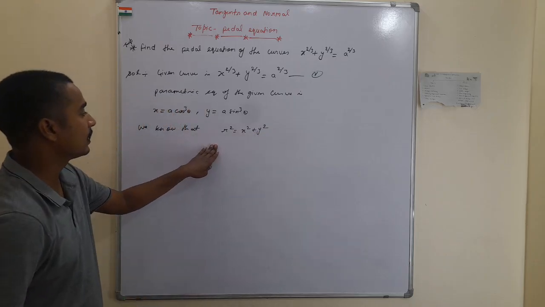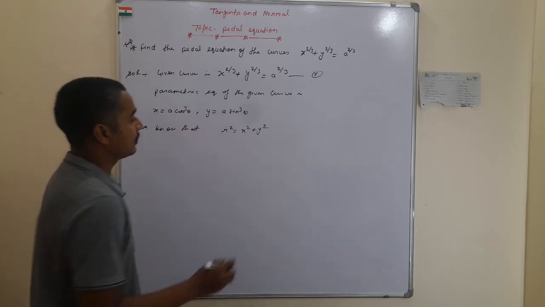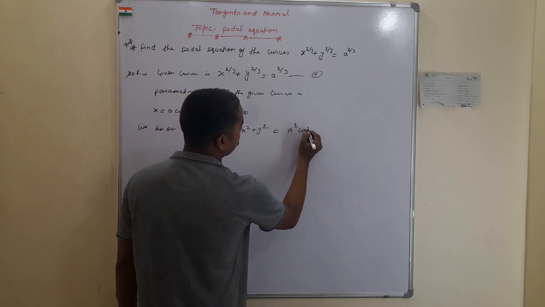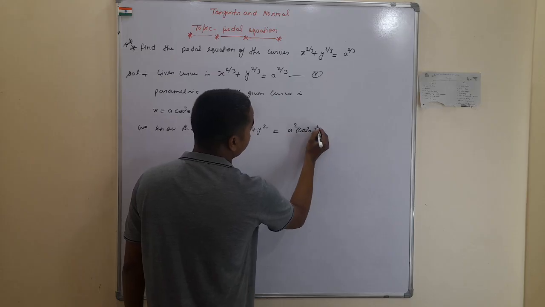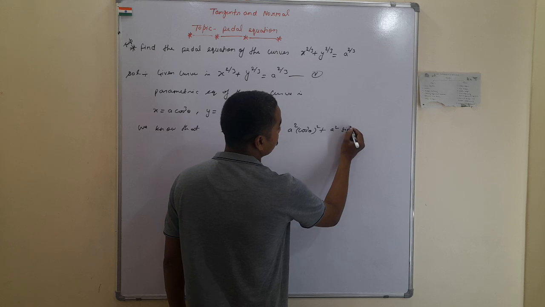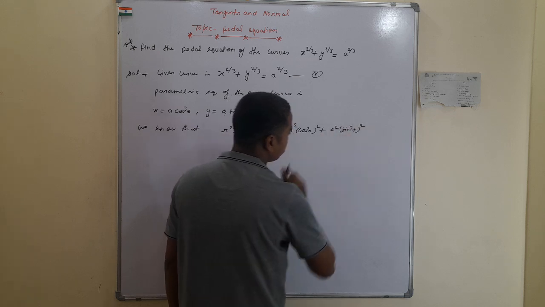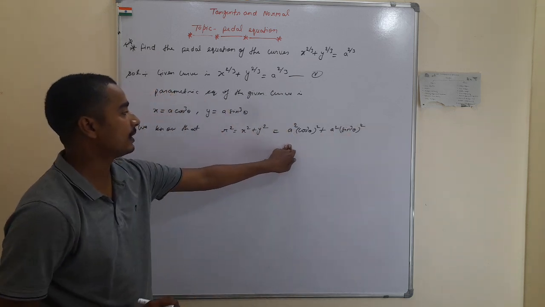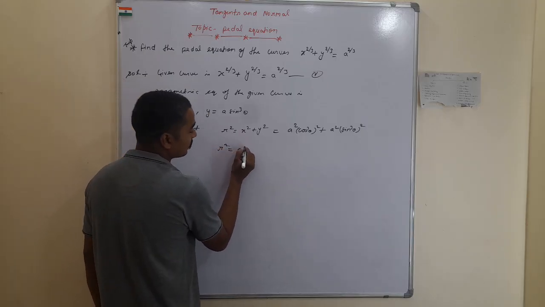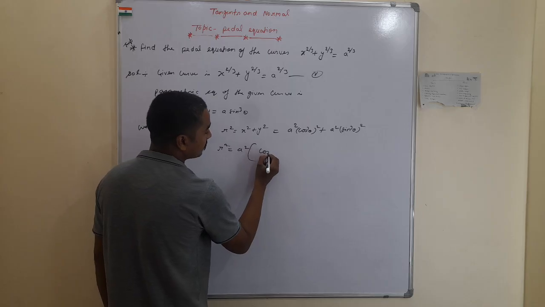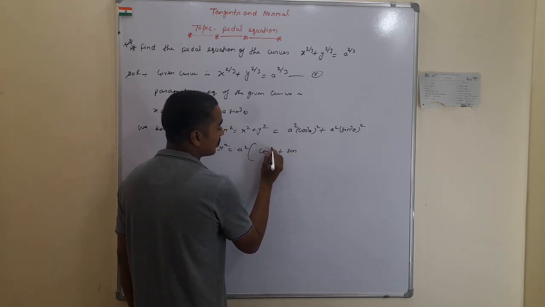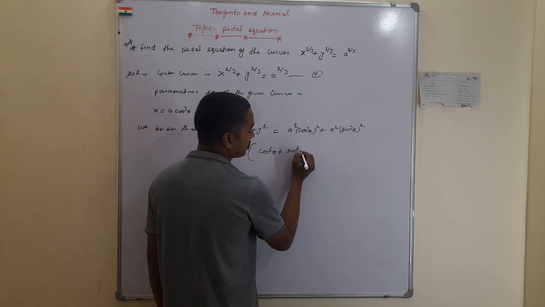From here we have to find the value. Putting the value of x and y here, we get a square cos cube theta whole square plus a square into sin cube theta whole square, and from here we can also write this: r square is equal to a square, taking common, cos to the power 6 theta plus sin to the power 6 theta.